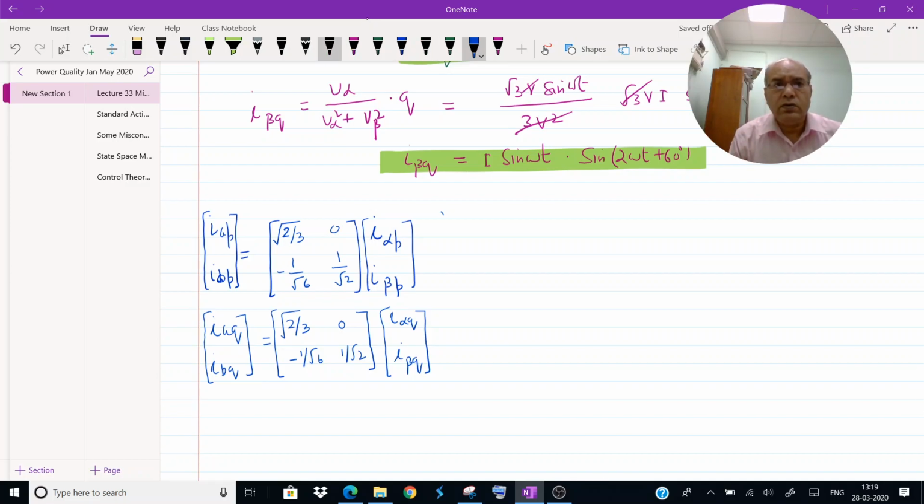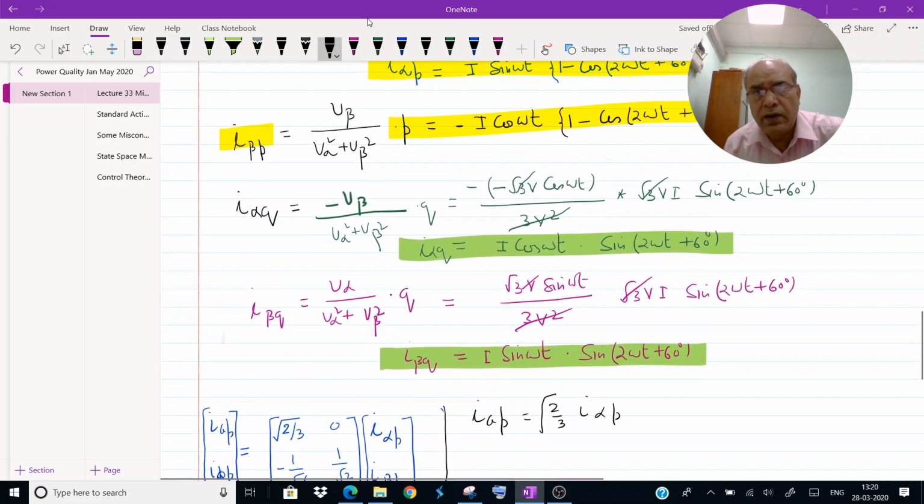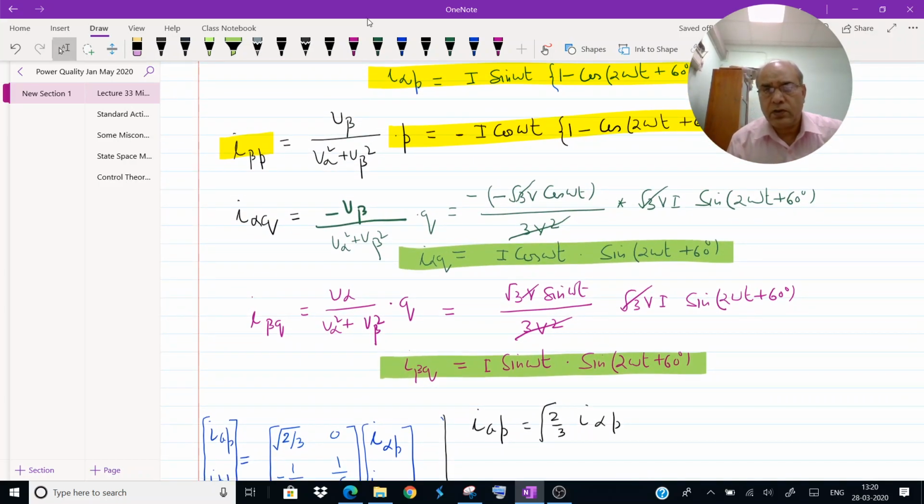Alright, so we will do it now here. Therefore, IAP is nothing but root 2 by 3 into I alpha p. And you know what I alpha p is. I alpha p is this. So this becomes root 2 by 3 times I sin omega t and 1 minus cos 2 omega t plus 60 degree.